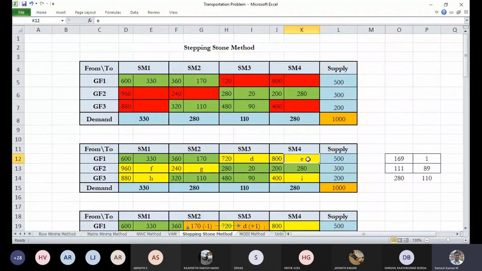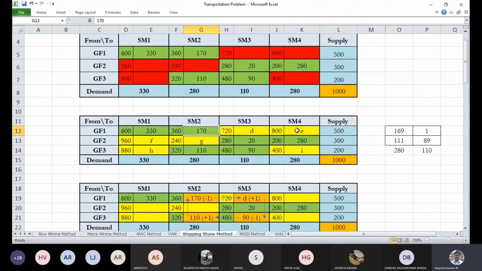I'll start here, end here, and I can go here and make a loop, right? It can have any number of allocations, but it should form a closed loop. I cannot form a loop going diagonally; it can go only horizontal and vertical, right? It's as simple as that.